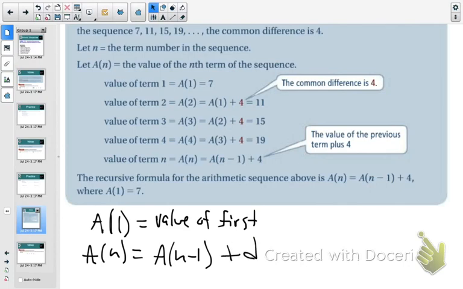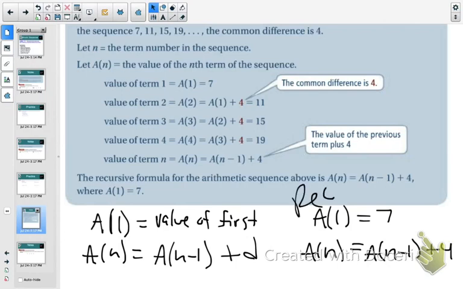In this case, we started at 7, so a1 equals 7, and an, your nth term, is: to find any term, I go to my previous term and add 4. This would be the recursive definition of that sequence up here.